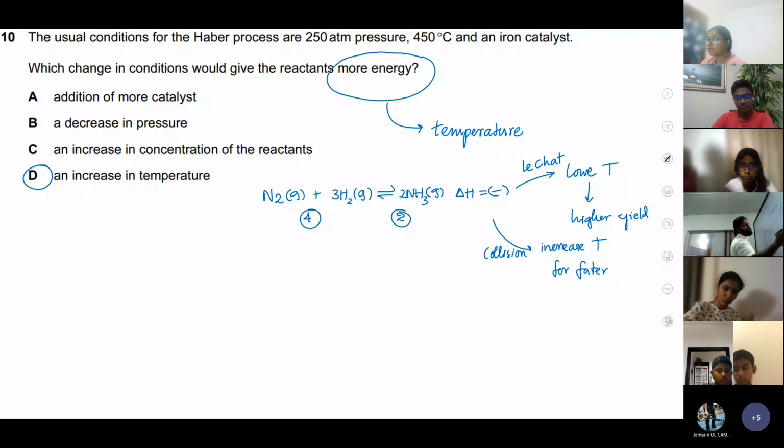So it's a conflict between these two. So we are managing the conflict by keeping an optimum temperature, rather a compromised temperature. Okay? So those are the things you guys have to remember about your Haber process and also the contact process.